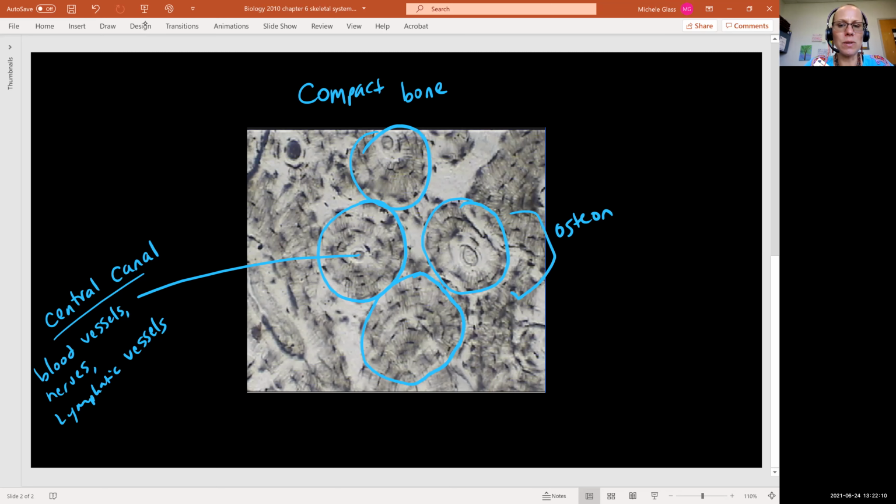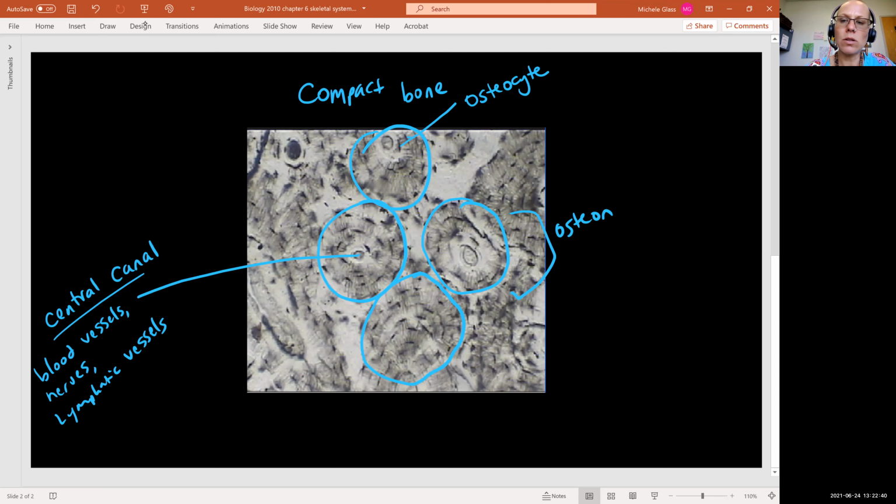So this is actually the reason for that concentric pattern: the cells are located in concentric circles around that central canal because that's the access to the blood. Each of these darker spots inside the osteon, making this appearance of rings around the central canal, are the cell types called the osteocyte.